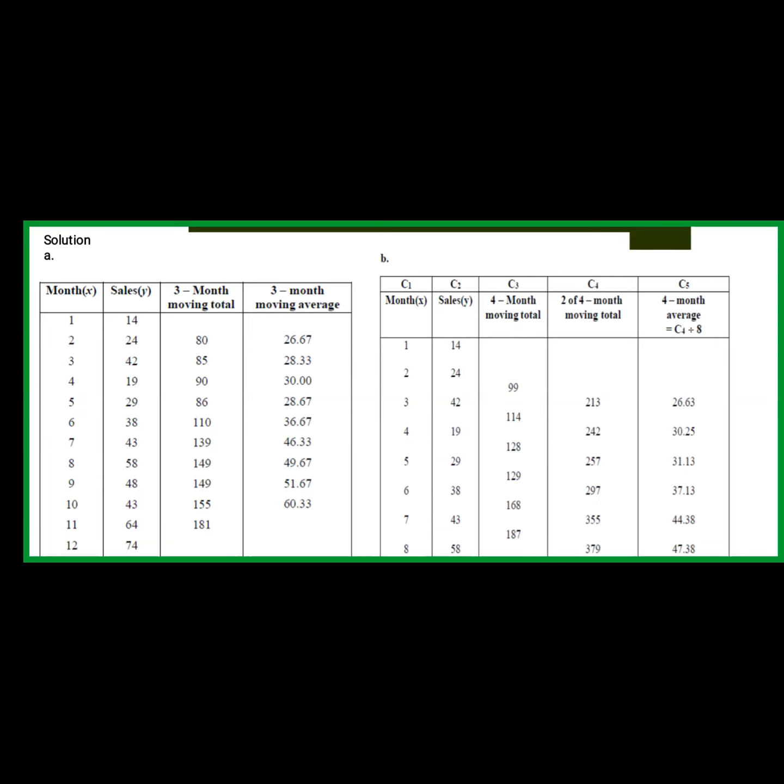We've not done average, you know. 99 is 4 moving totals. 114 is 4. When you add the two together, how many moving totals did you add together? 8. Did you get what I'm trying to explain? No. Okay, let me come again.